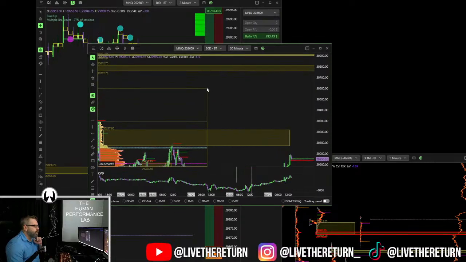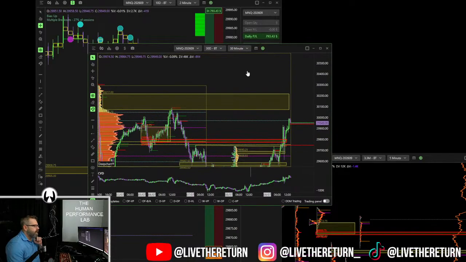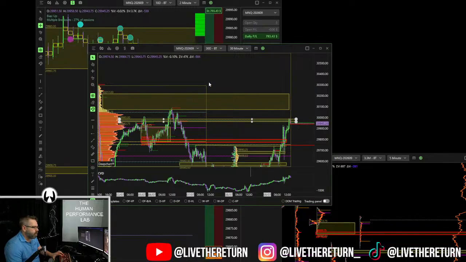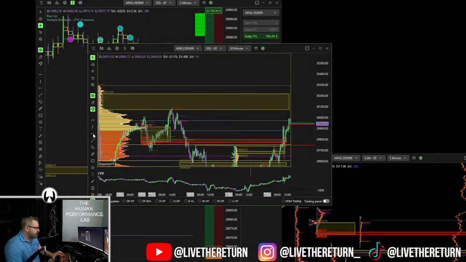So let's look and see if it has. And then do we have an unfair high up here? We do. Right there. Low unfair high up here, right? We have a low volume node, and you extend this out over to the right, you have value area high, you're in unfair highs already.